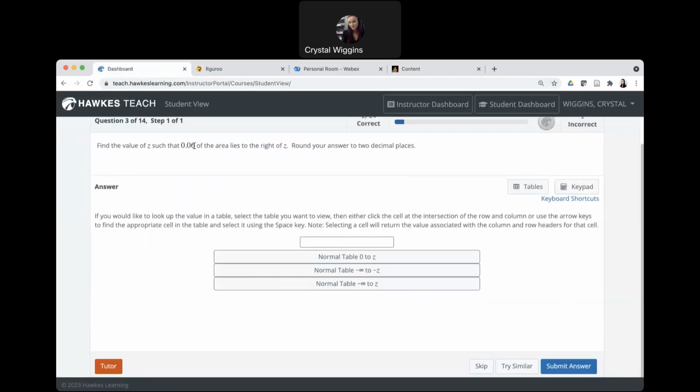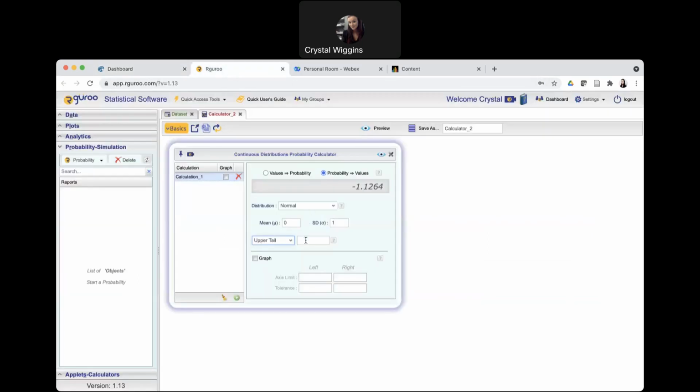And I'm going to type the area in that right tail to be 0.06. When I click my eyeball, I am then given the z-score that marks the right tail with an area of 0.06. Rounding to 2 decimal places, I am going to enter 1.55.